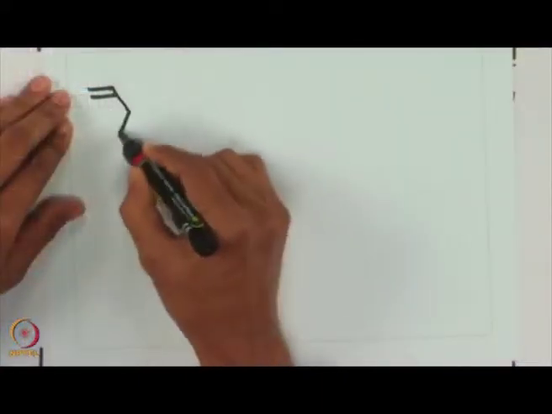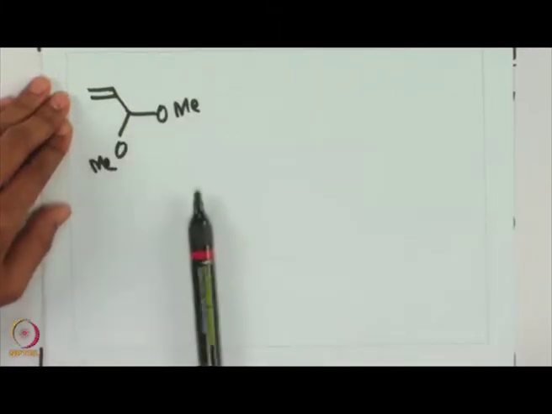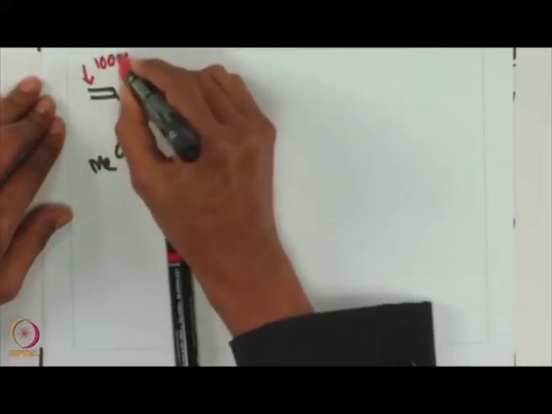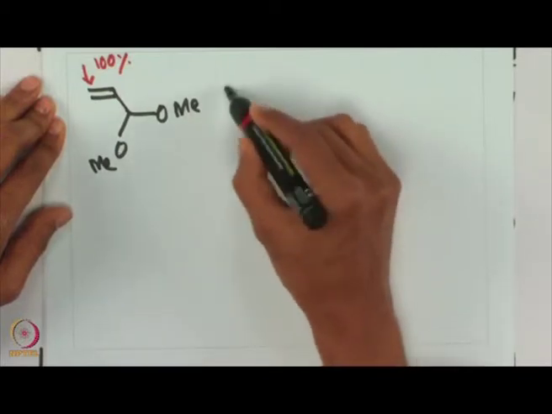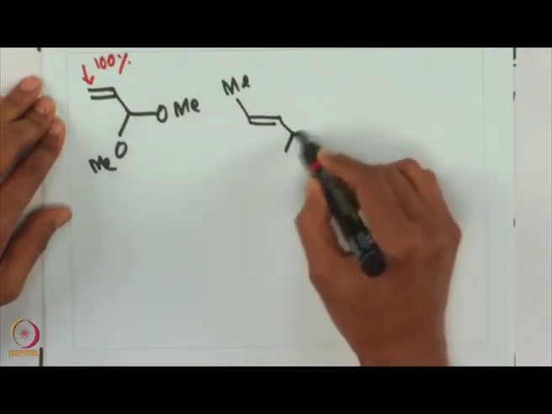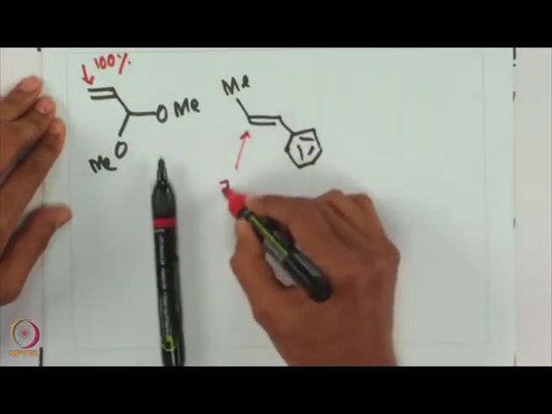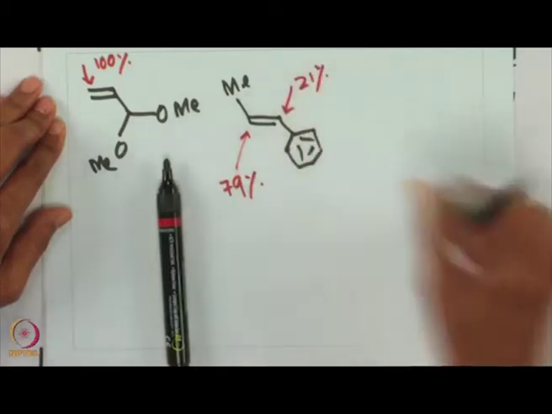Now, we will discuss a little bit more on those types of substrates where we have, let us say, a substitution like this, and in this case we will get 100% selectivity at this site, at the beta position. If you have trans beta methyl styrene, we have 79% selectivity, which is interesting, and we get 21% selectivity for this one.